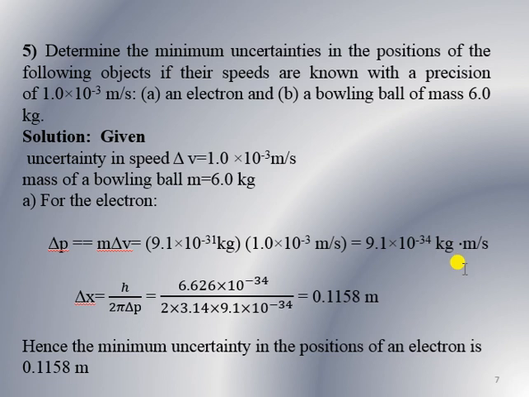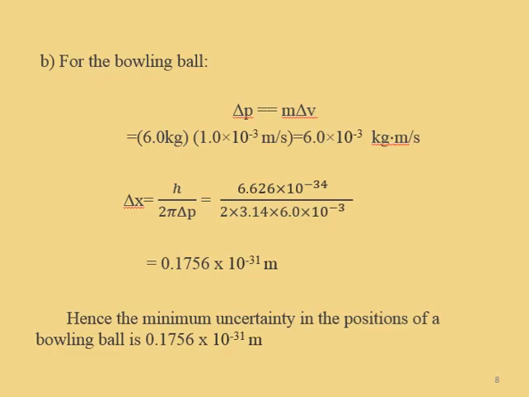Hence uncertainty in position equals h upon 2 pi into delta p, where h is Planck's constant and delta p is 9.1 into 10 raised to minus 34. It is equal to 0.1158 meter. Hence the minimum uncertainty in the position of the electron is 0.1158 meter.